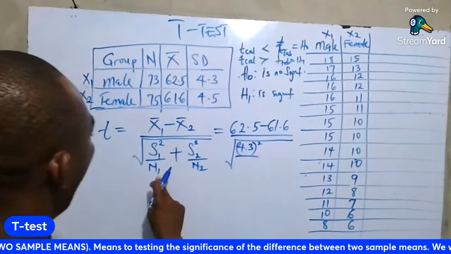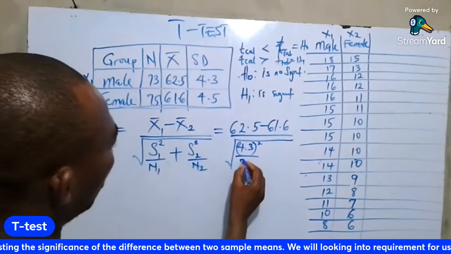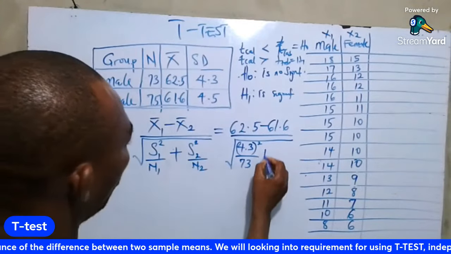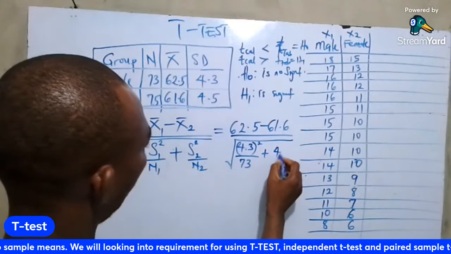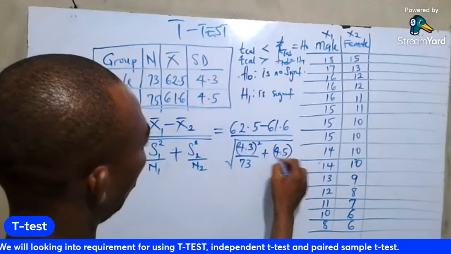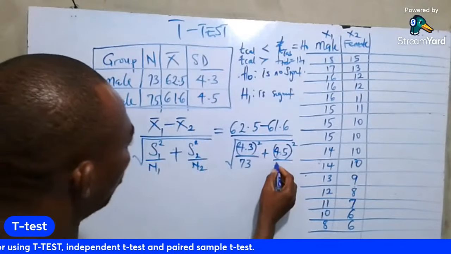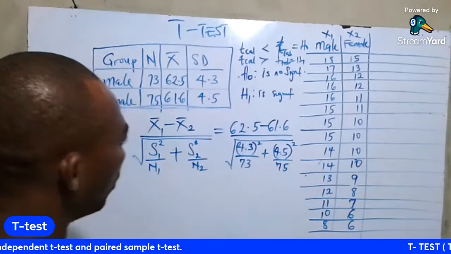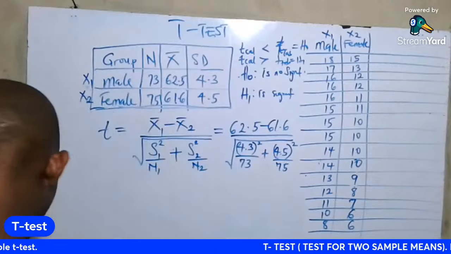Everything is to be divided by the sample. What is the sample for that male? That is 73. Plus, you move on to the second one, which is 4.5 all squared, to be divided by the sample, which is 75. So I want us to go ahead and do the calculation now.